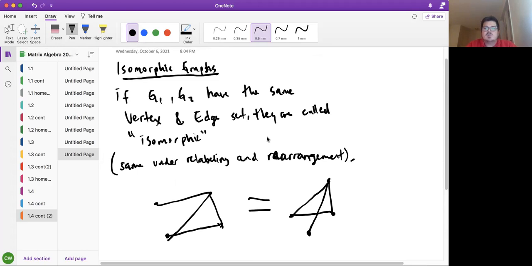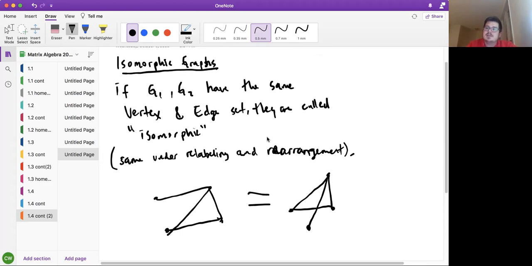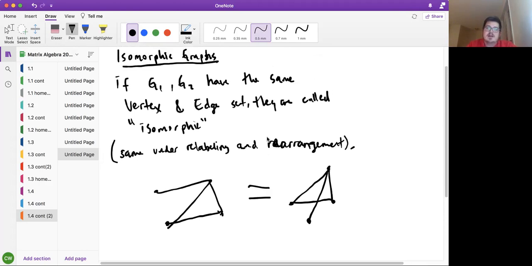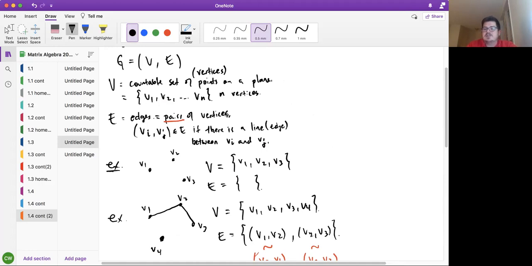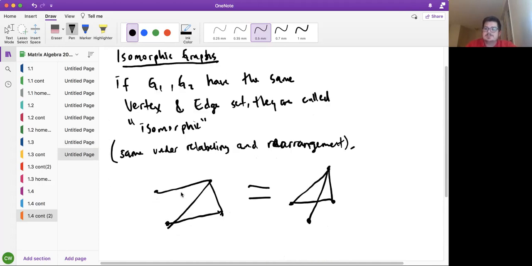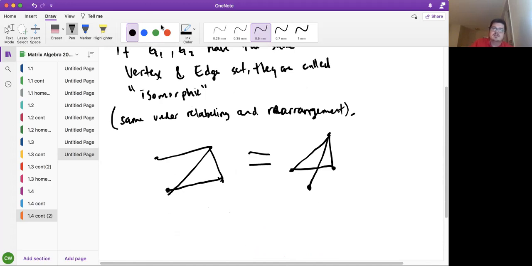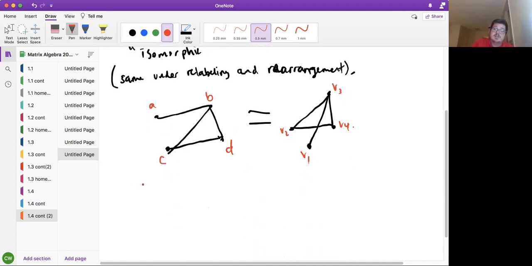So really when I say isomorphic, I mean they're the same vertex set, the V set. Let's say if I say this is A, B, C, D, and let's call this V1, V2, V3, V4, right? The vertex set is A, B, C, D here.